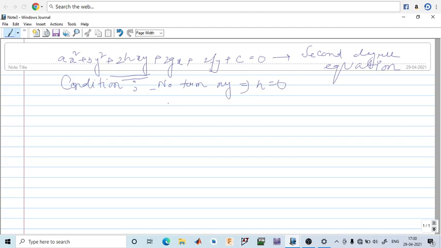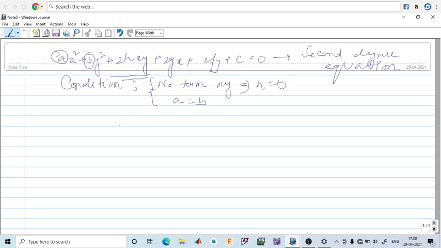And the second condition is that a must equal b. The coefficient of x square and the coefficient of y square must be equal. These are the two conditions that should be followed for a circle if it is written in second degree form.